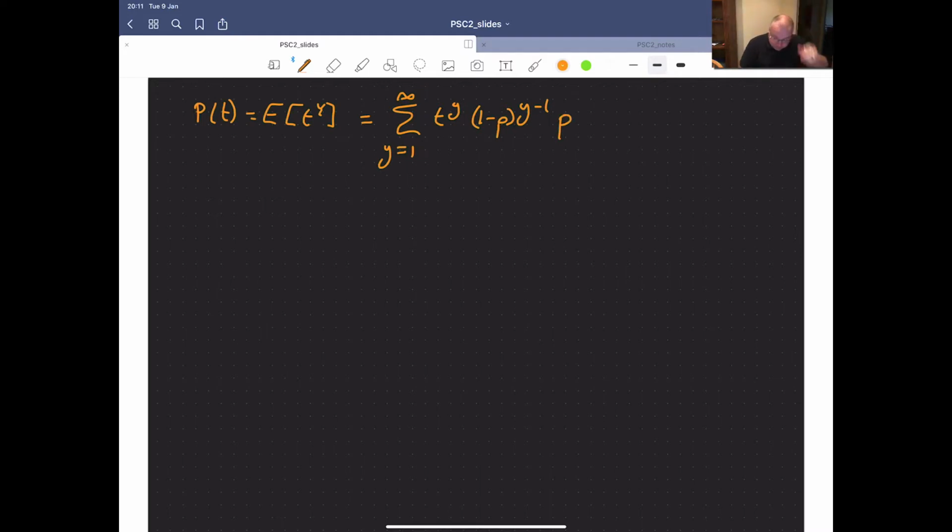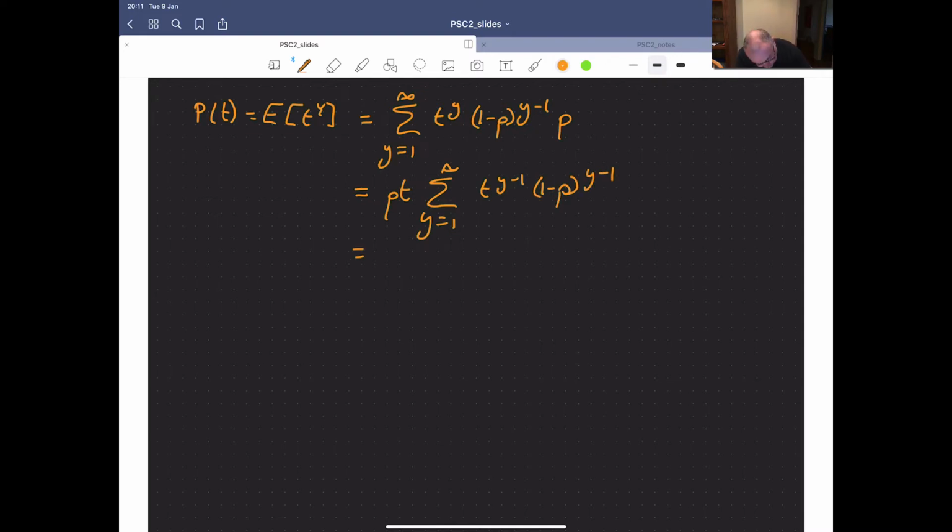So we need to simplify this. It'd be really nice if we could get this t to the y to be y minus 1 to agree with this one, because then we could put them together. So I'm going to take a p out the front, take a t out the front, and simplify. We have pt, summation y equals 1 to infinity, t to the y minus 1, (1 minus p) to the y minus 1.